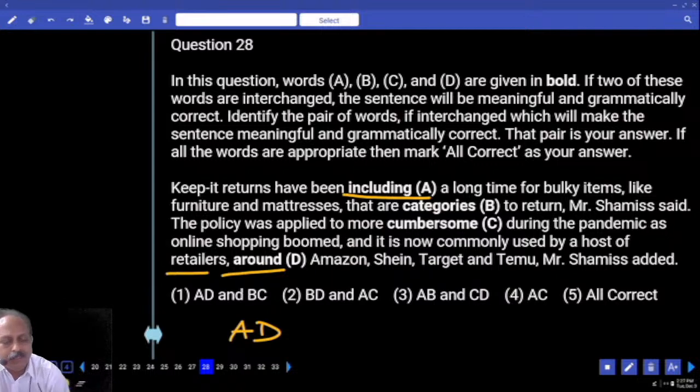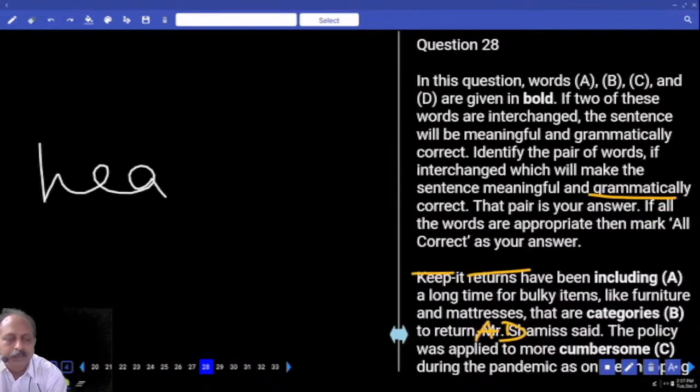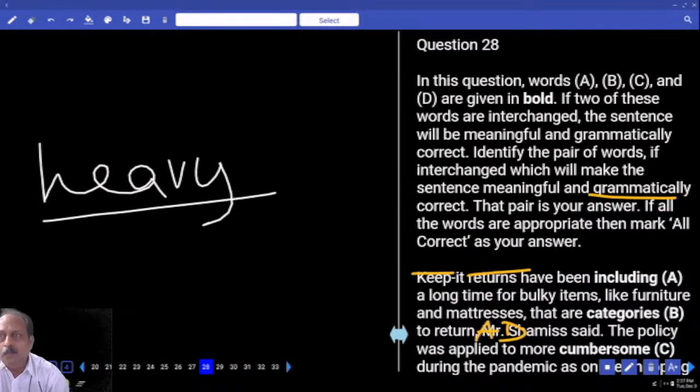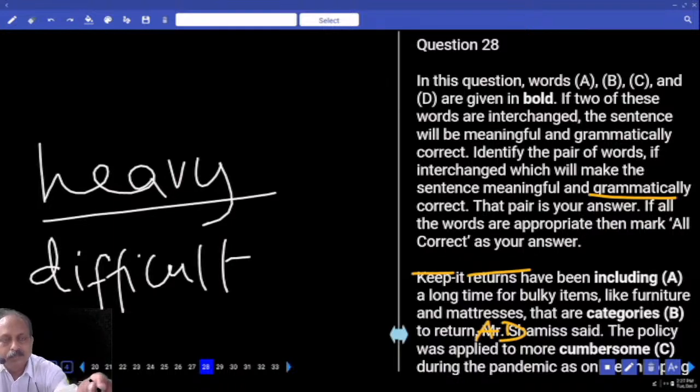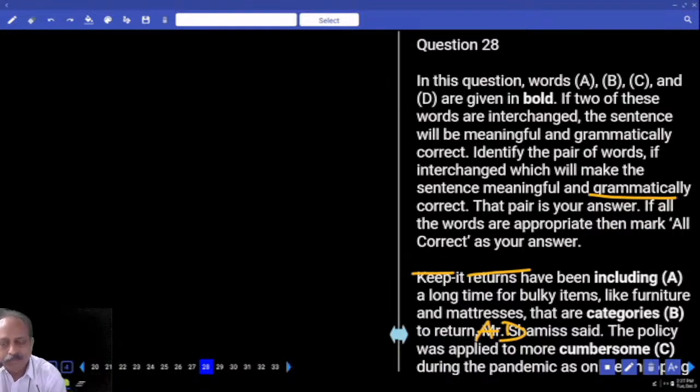Cumbersome. Cumbersome means write the word heavy. Cumbersome work, write the combination. Cumbersome work means heavy work, difficult to handle. Heavy and also write the word difficult. Complicated, difficult, heavy. We say cumbersome work. Have you copied?